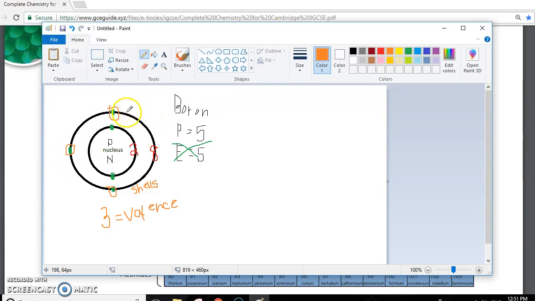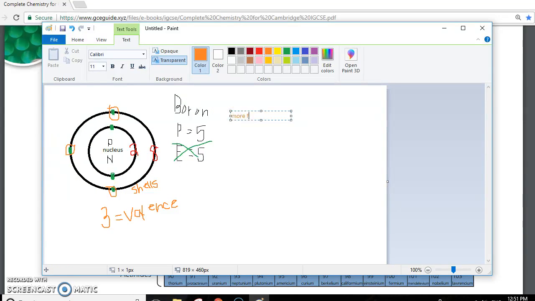Now again, remember we said this one can hold up to 8. Okay? So one thing we should think about is the more full the ring is, the more stable the element is. So think about when you're hungry.